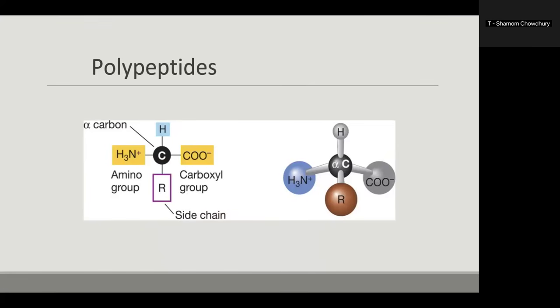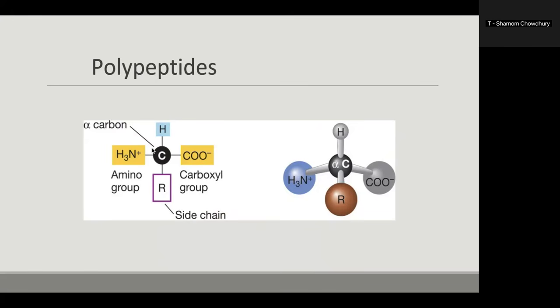Now we're going to talk about polypeptides. So polypeptides have an amino acid, which is an aminated carboxylic acid. You have a carboxyl group here, a side chain, and the alpha carbon here. So I think you guys did this in a homework about different side chains, like what makes up an amino acid. Every amino acid has the same exact structural backbone.